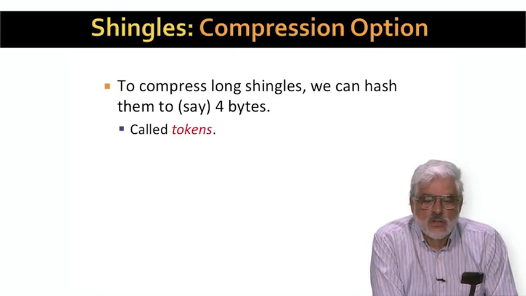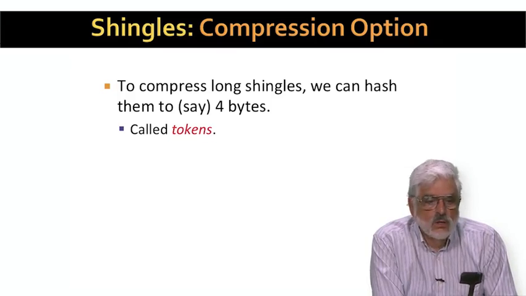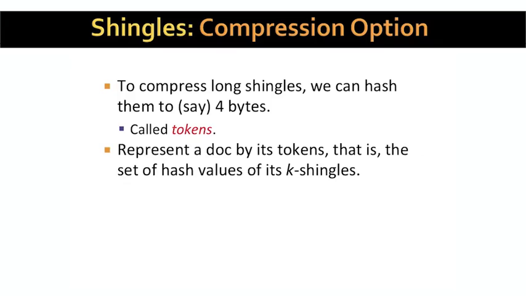The result of hashing shingles is often called a token. Thus, we can construct for a document the set of its tokens. We construct a shingle set and then hash each shingle to get a token. Since documents are much shorter than 2 to the 32nd power bytes, we still can be sure that a document has only a small fraction of the possible tokens in its sets.